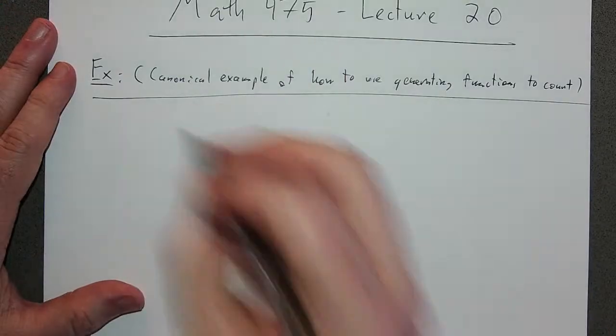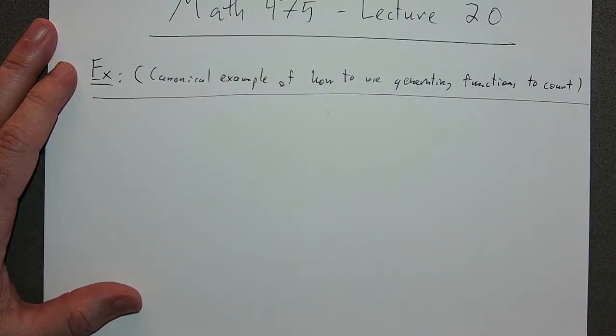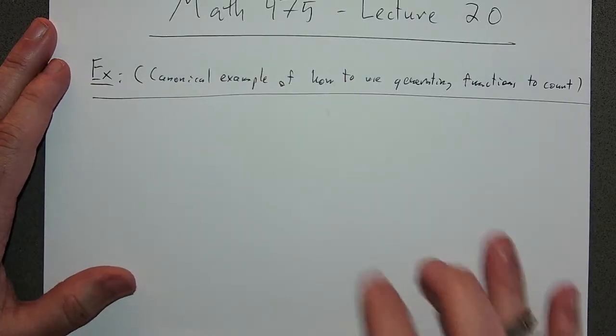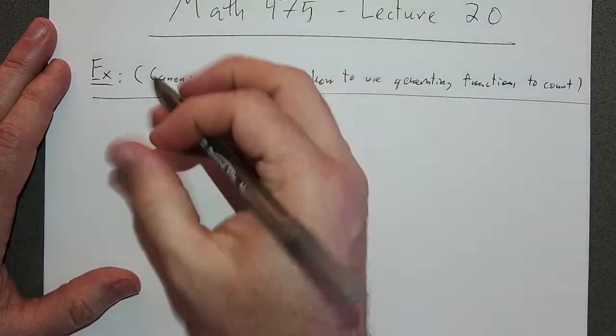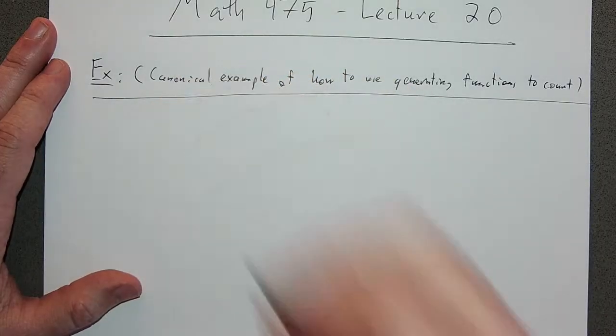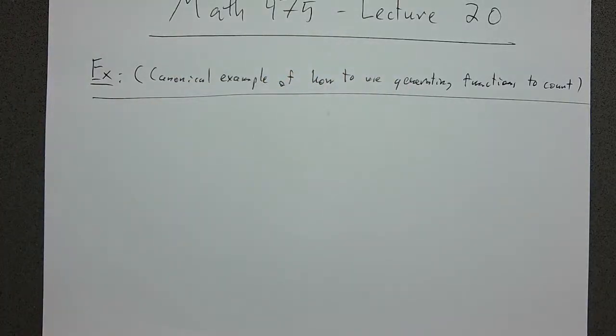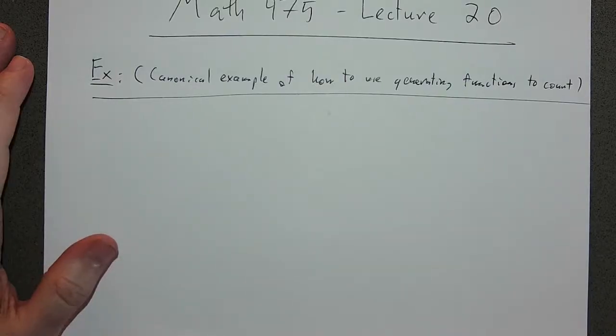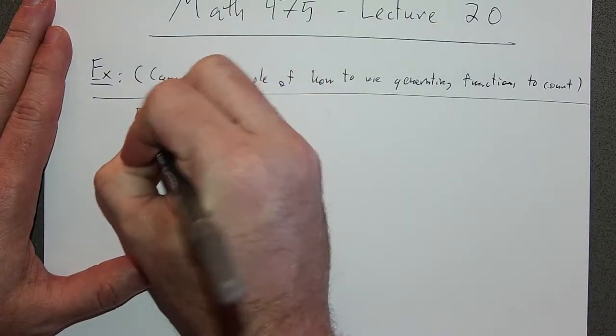So, what is this particular example? This is the following. We have done this problem in another way, but we're going to do it in a different way now. So let's say that we are determining the number of k element subsets of an n element set, right?